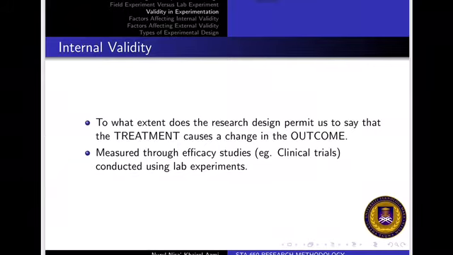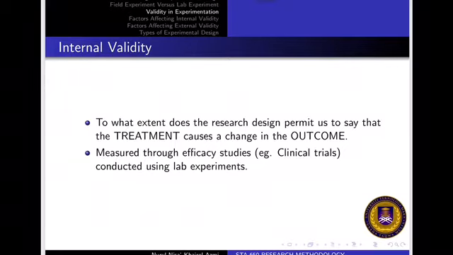So meaning that when you do experiment under field experiment, under natural setting, we want to see, is it true that the x, the factors that we studied, affect the variable of y. Is there any other variable, or is there any confounding variable that affects the dependent variable?